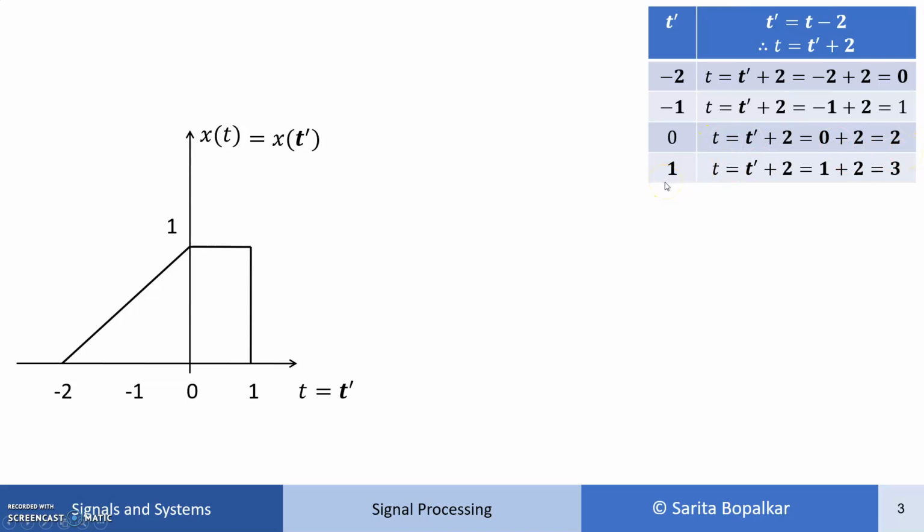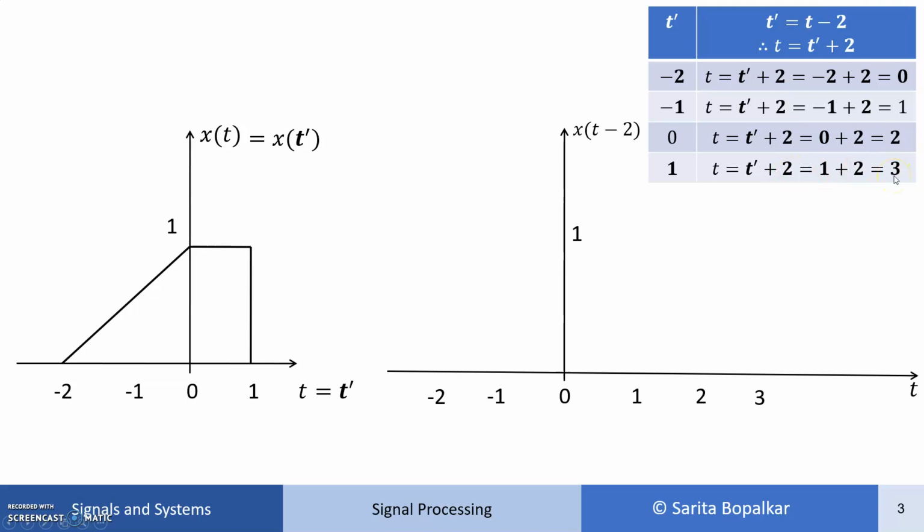Similarly, t dash is 1, t becomes 3. I told you that to get the delayed version, we have to shift the original sequence towards the right by 2 time units. Here we want t minus 2, so we will shift towards the right by 2 time units.